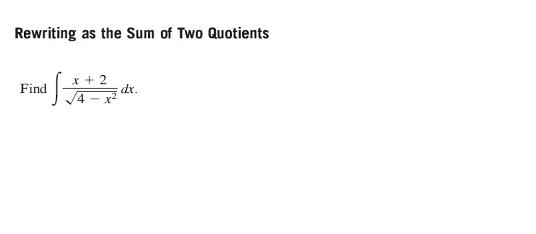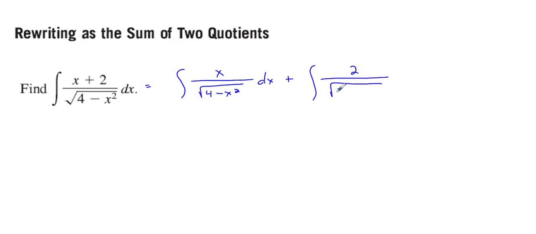However, there is 1 term in the denominator. Let's split this up. The term from x over square root 4 minus x squared dx plus 2 over square root 4 minus x squared dx.